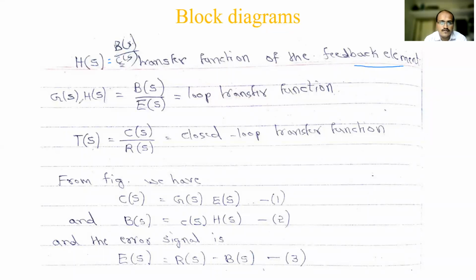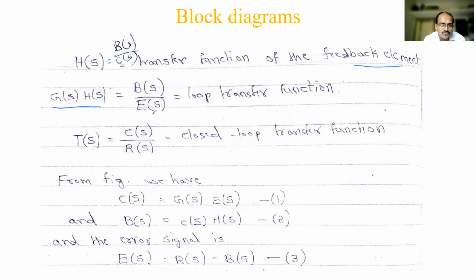So now we'll start. If we consider the multiplication G of S into H of S, what will we get? B of S by E of S. How did we get this? G of S we know is C of S by E of S, and this is B of S by C of S. C of S cancels out, remaining B of S by E of S. So we complete one loop.